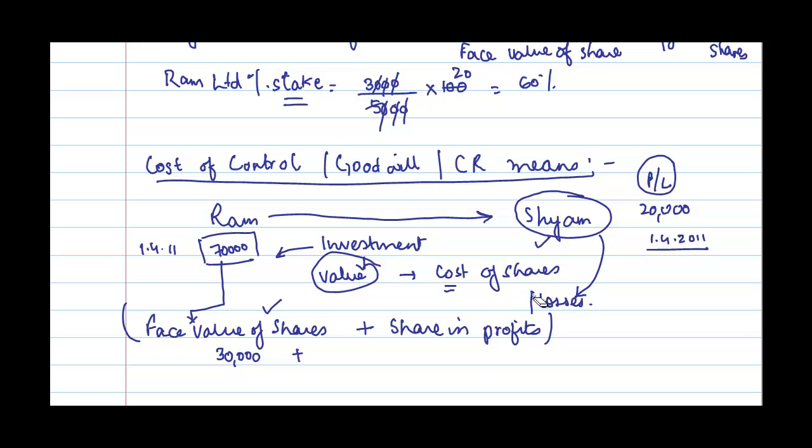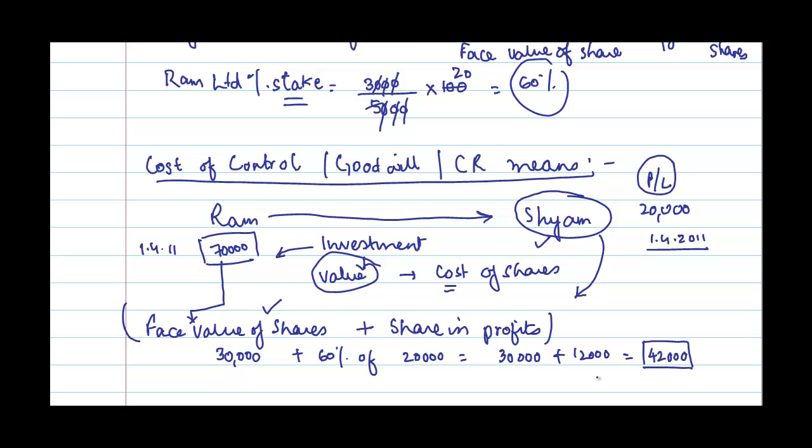So just to avoid confusion, I'm removing this loss situation here. What is the share in profits of Ram Limited? Ram Limited got 60% stake in Sham Limited. So whatever profits are there, it gets a proportionate share in these profits also, which is 60% of 20,000. Or in other words, it gets 30,000 of face value of shares plus 12,000 as the share in profit, or 42,000 worth.